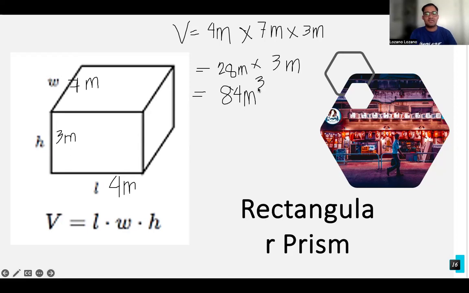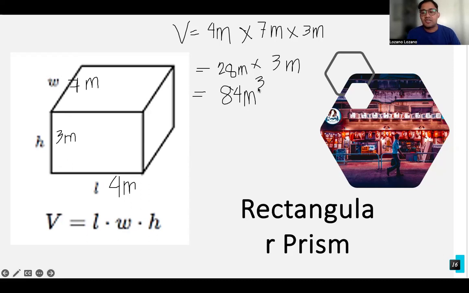So it is easy by using the formula of rectangular prism, the volume of rectangular prism. Simple lang yung formula natin dyan. That is length times width times height. So, yun lang. It always given naman yung mga measurement niyan. So, you can easily find out what is the volume of rectangular prism.